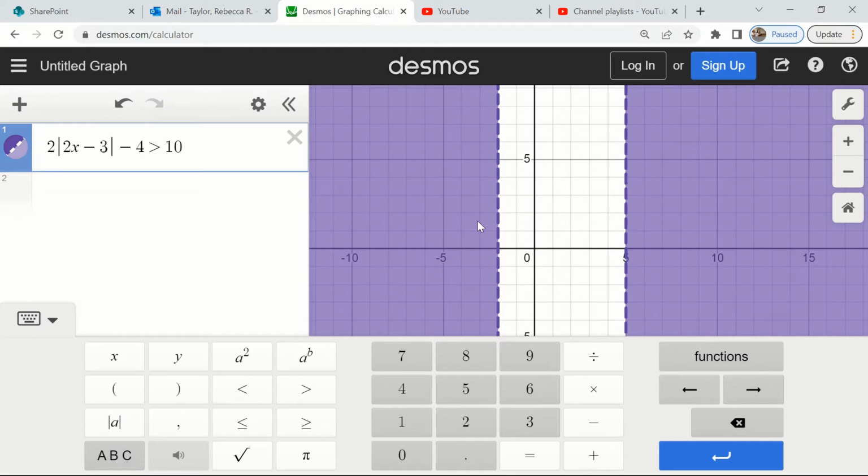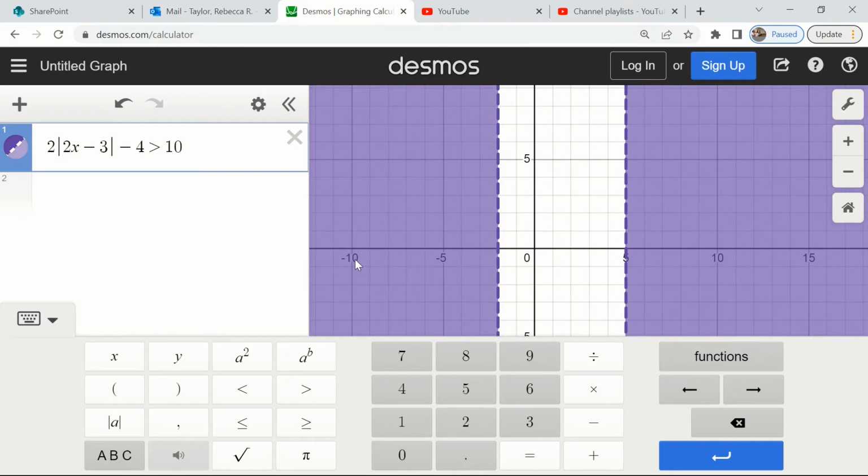So to read the solution off of the graph, what we're going to home in on is just the x-axis here. Where we would do this on a number line if we were doing it by hand, Desmos is doing it on the coordinate plane, which means we're getting a 2-dimensional graph instead of a 1-dimensional graph. So we're just going to fixate on the 1 dimension, which is the x-axis. Look at where it's shaded.